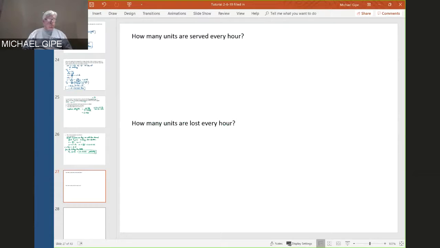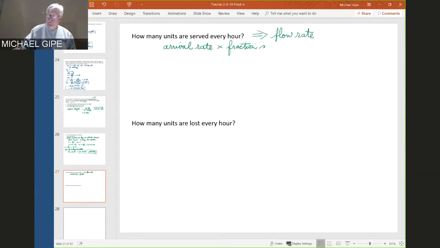Next, how many units are served per hour? And in other words, that's basically what's the flow rate. And in order to calculate that, basically, what's the arrival rate? What's the demand rate? And then we have to reduce that by the fraction that are lost. So we can calculate that as the arrival rate, that is the demand rate, times the fraction of demand not lost.